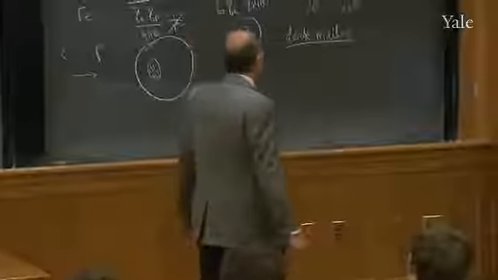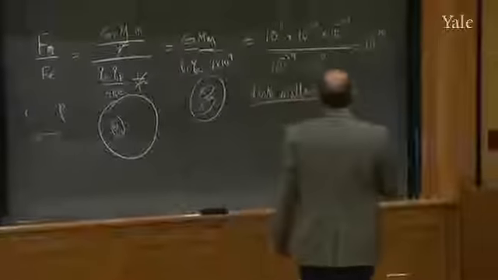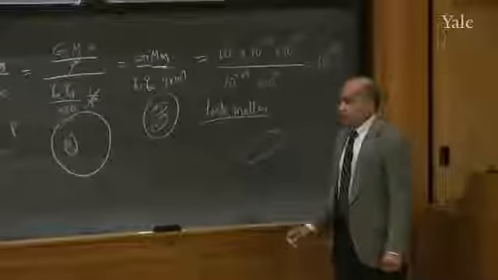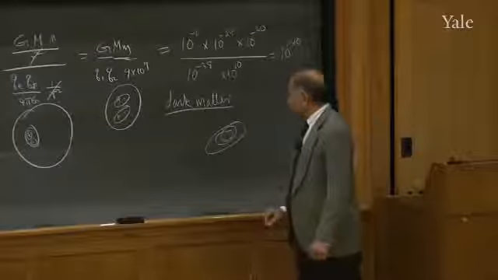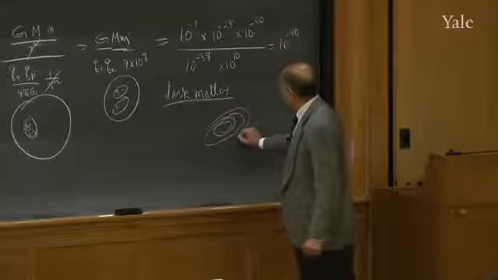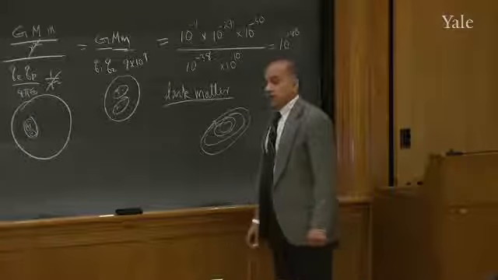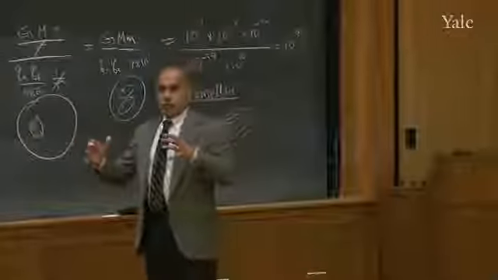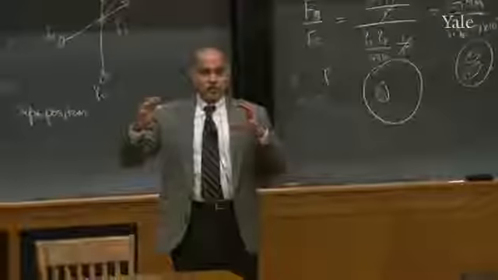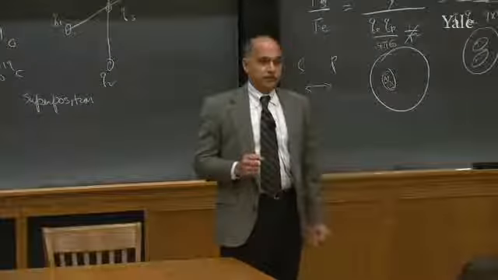So maybe one example I can talk about is our own galaxy. Here's our visible galaxy, the old spiral. Now, if something is orbiting this galaxy, just by using Newtonian gravity, by knowing the velocity of the object as it goes around, you can calculate how much mass is enclosed by the orbit.